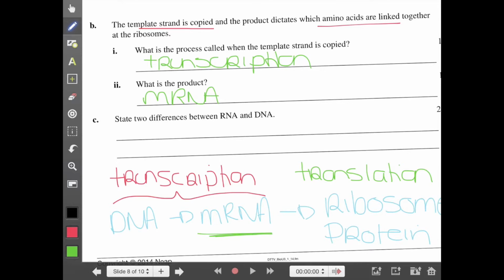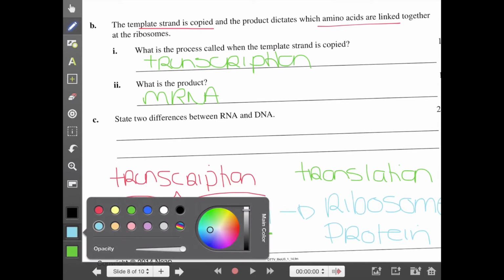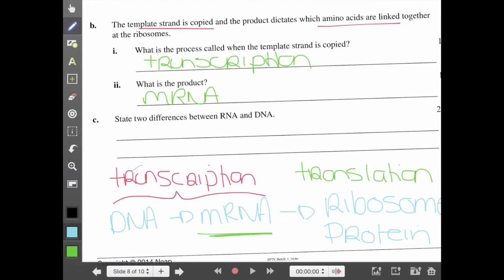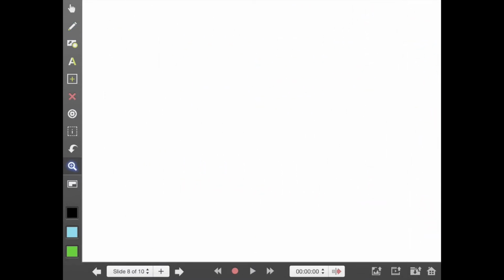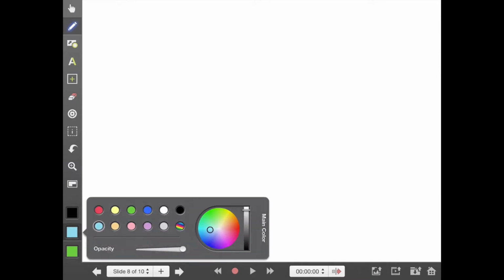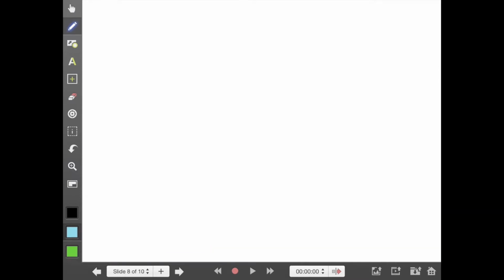We've already done that. So we know that, and I might just move this over so we've got a new space. I can make more room. So DNA, RNA.